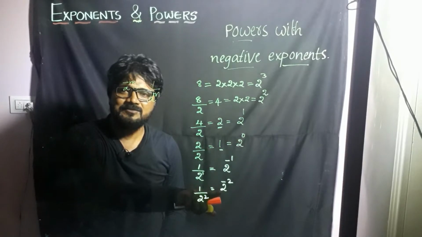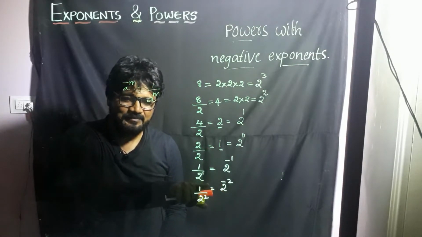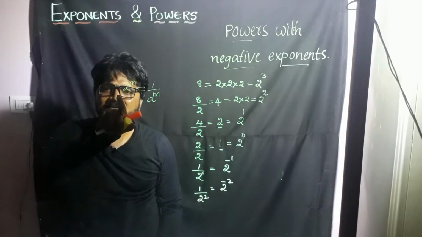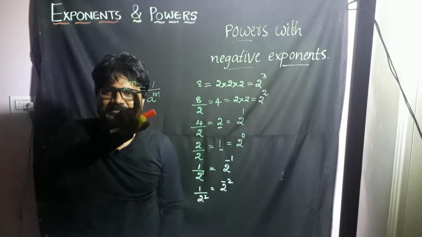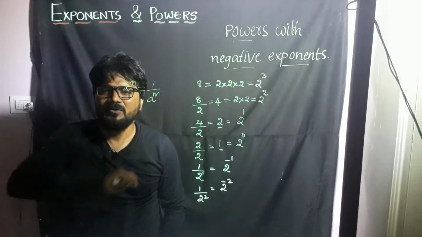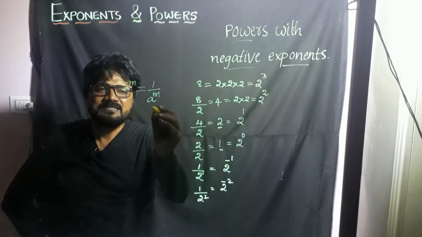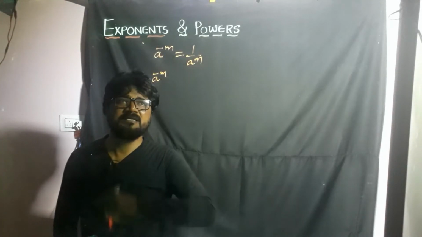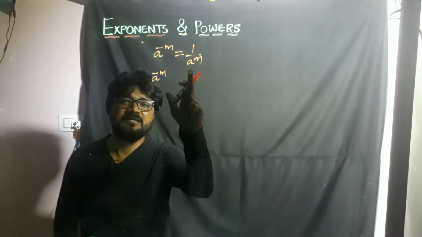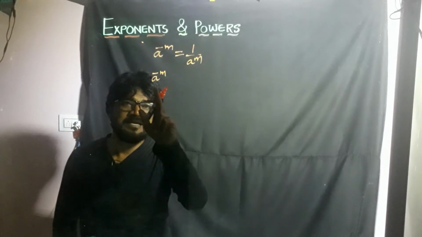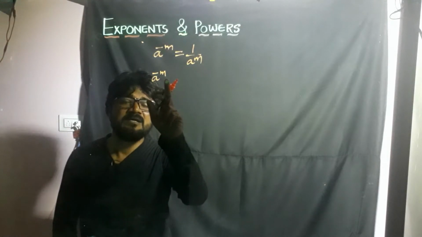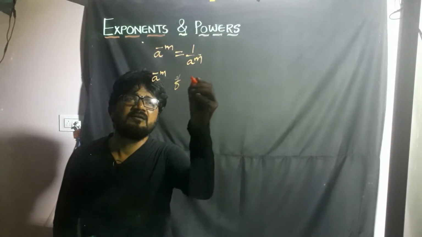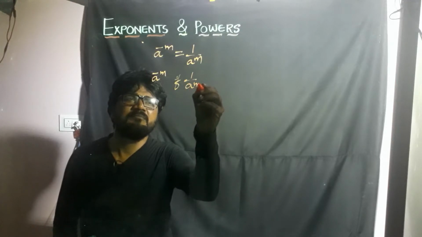Same pattern here: 2 to the power of minus 2 can be written as 1 by 2 square. That means a to the power of minus m is the multiplicative inverse of a to the power of m.